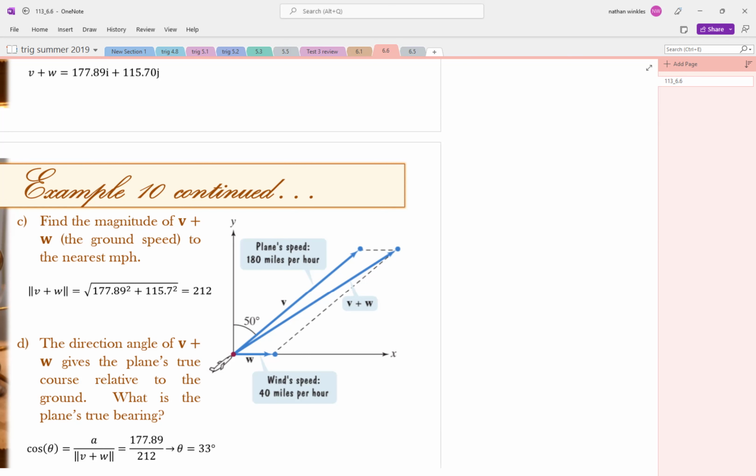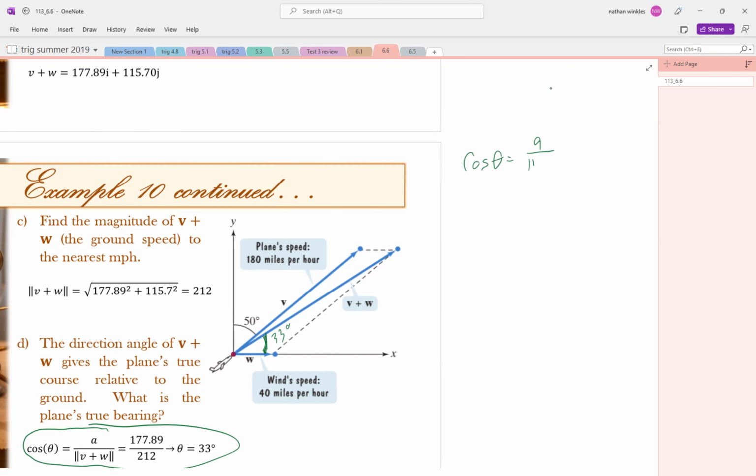So cosine of theta is equal to a over the magnitude of v plus w. That's 177.89 over 212, which gives us that this angle here for v plus w is 33 degrees.